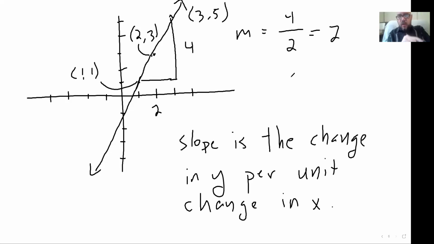And when you see that on a graph, what it looks like is how steep the line is. So those are really the same thing. How steep the line is, like the more steep the line is, the more y changes per unit change in x.